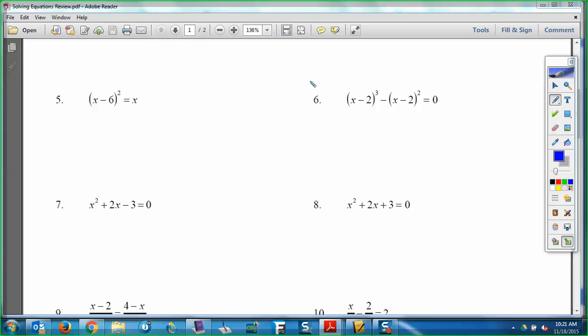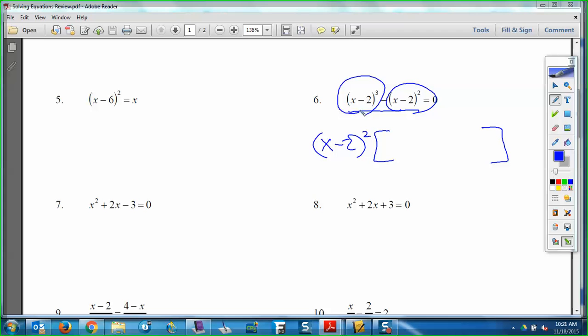This one, we could FOIL all of these out, but actually I wrote it this way for a reason. What else could we do right here? Yeah, each of those terms has an x minus 2 squared in it. So we can factor out an x minus 2 squared. I don't have to use square brackets there, but I always think it separates it a little bit.